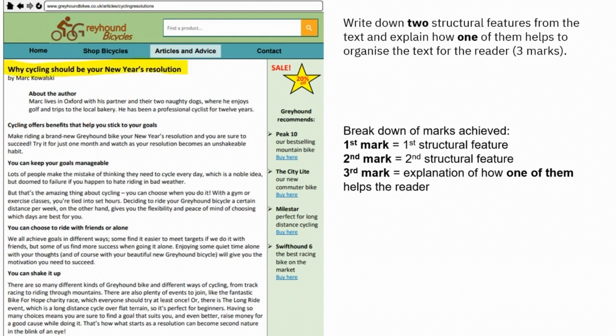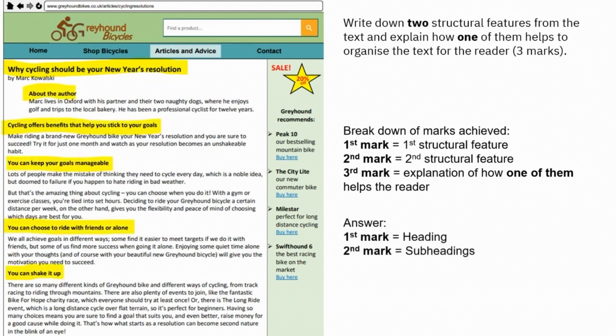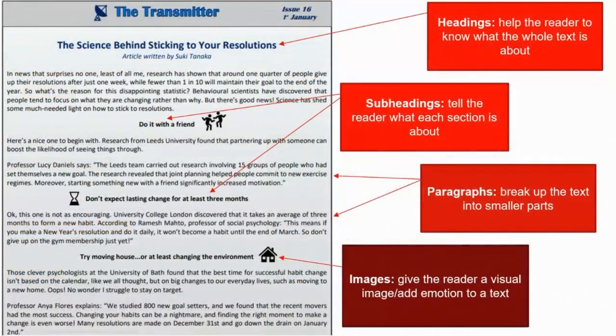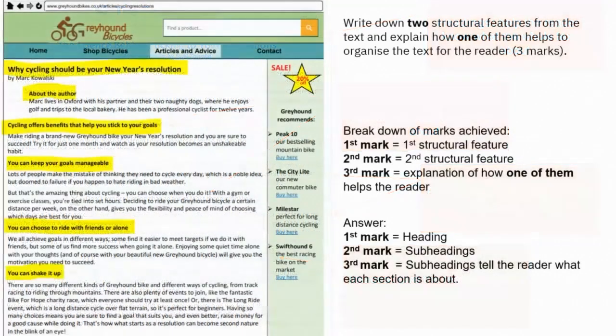Okay, so we can see that we've got a heading here. So there's your first mark, heading. We get our second mark for writing our second feature, which is, in this case, subheadings. Let's look back at these explanations again. Now I need to decide whether I'm going to explain headings or subheadings.